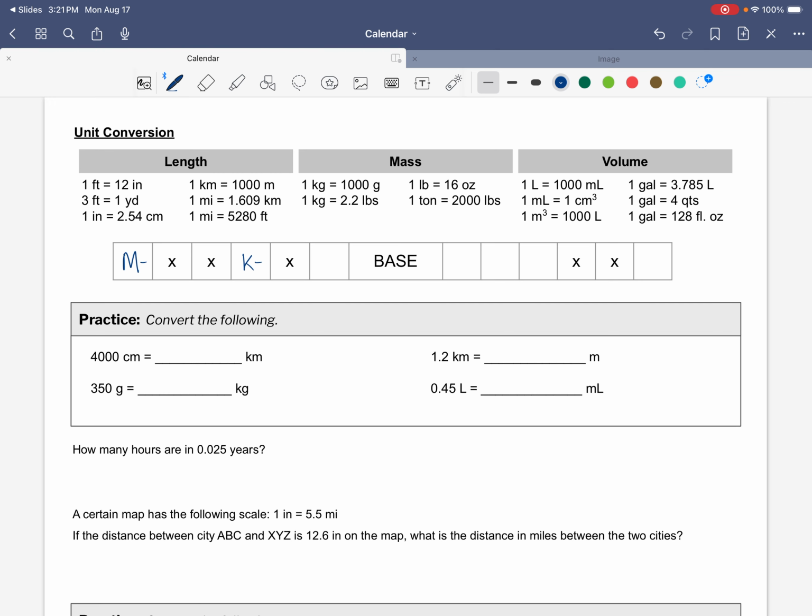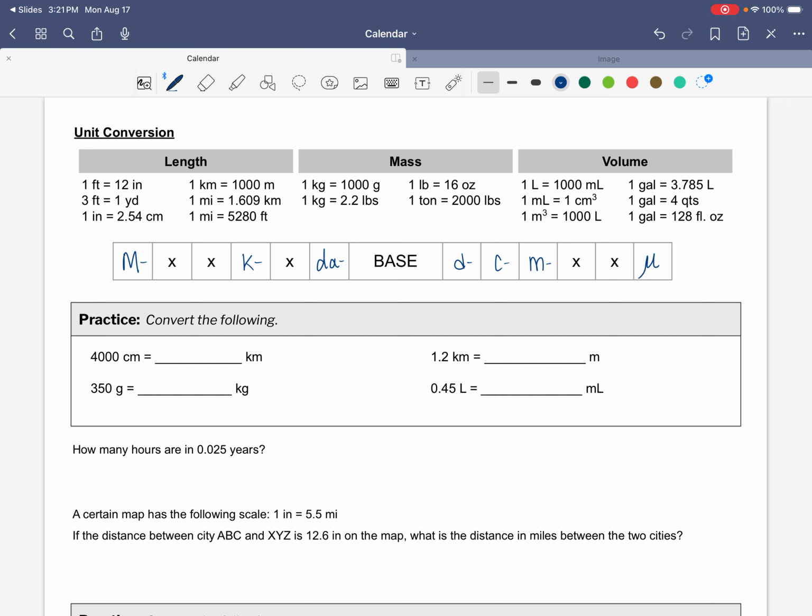This one you're probably aware of or have used in other classes, such as a chemistry class if you've had chemistry. And then we also have deca, deci, centi, milli, and then micro.